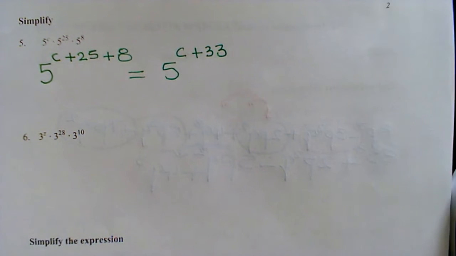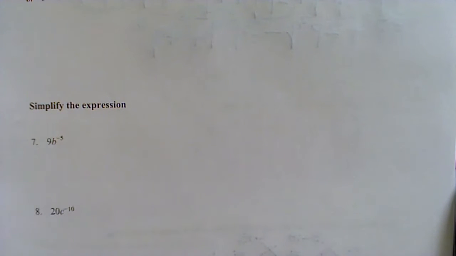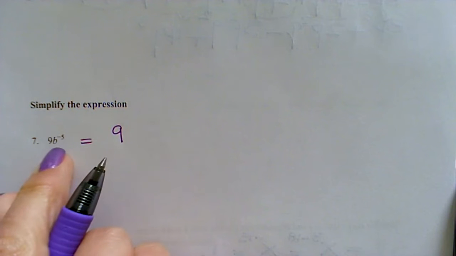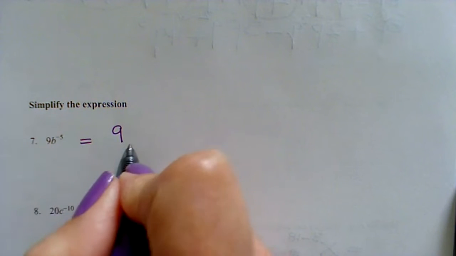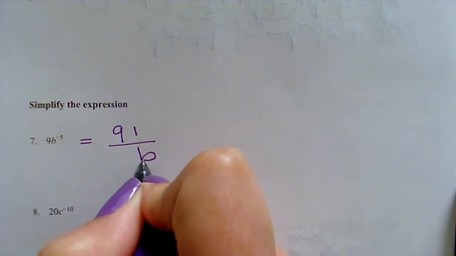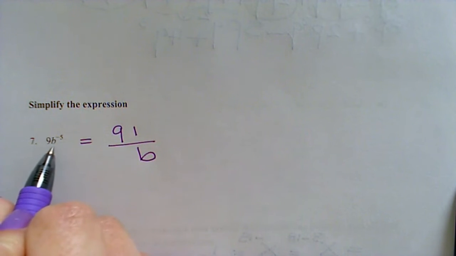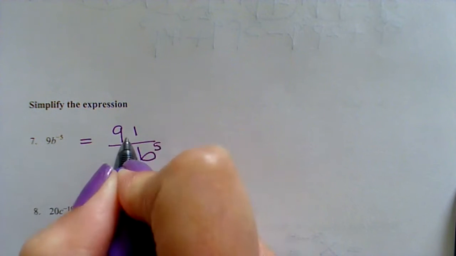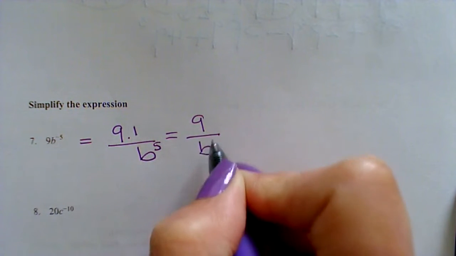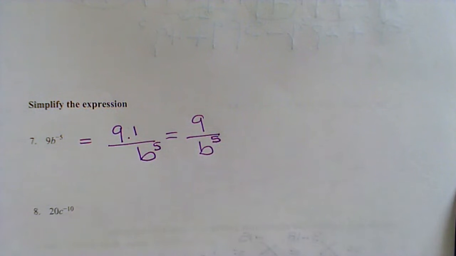Now, this one says simplify the expression. Okay, so I have a 9 b to the negative 5. So what am I going to do? This is going to be what? 1 over b, right? It's going to be the reciprocal to the fifth power. So this is equal to 9 over b to the fifth power.